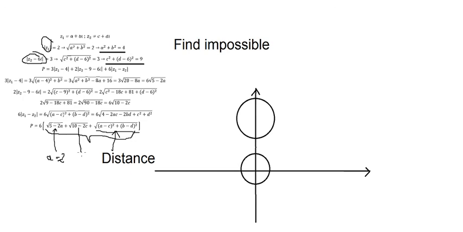Next, similar for this one, c, the smallest one is when c goes to 3, so that's it here. And the last one, the distance, the smallest of the distance is here.